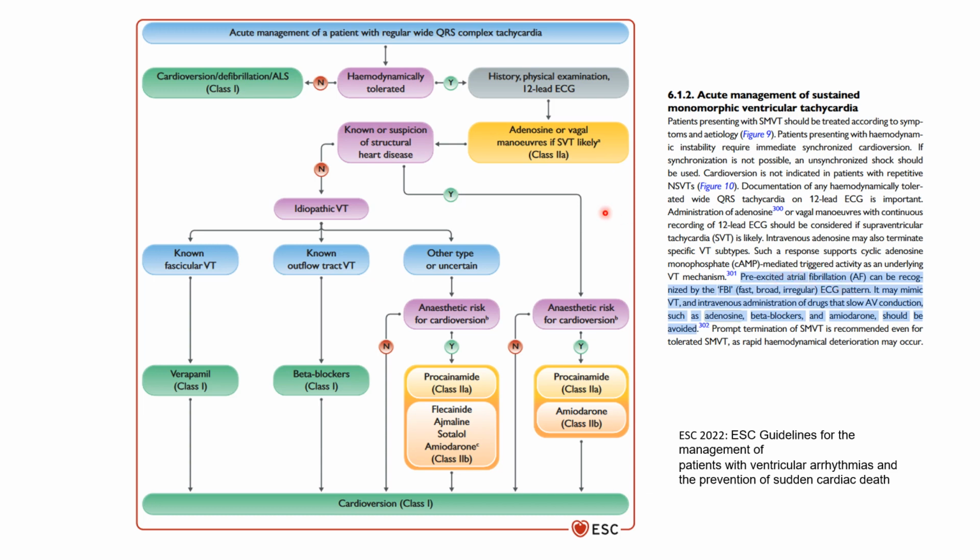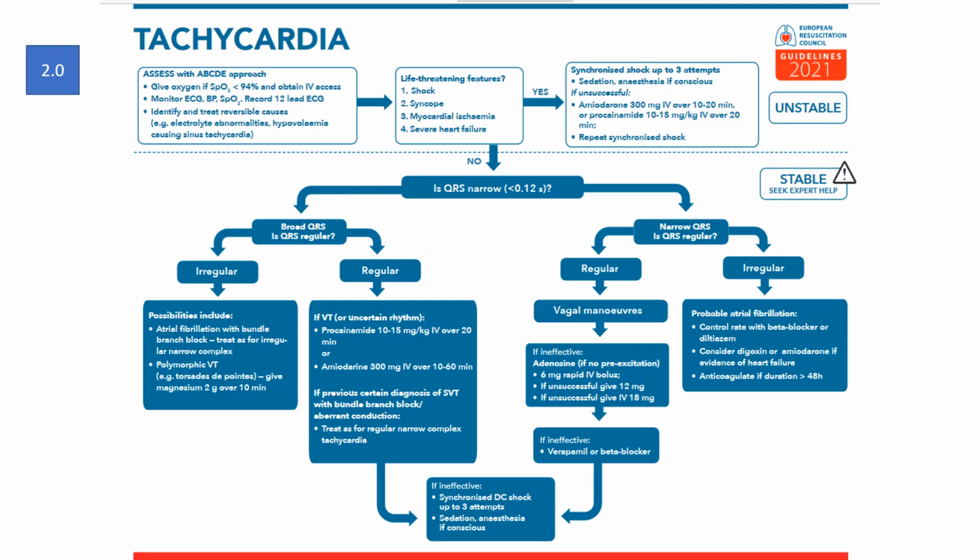But how do you know? That's the problem. How do you know that you have that if you don't have any previous ECGs and so on? So they kind of cover their tracks, but in general, it seems like adenosine for these we're moving into that kind of territory.